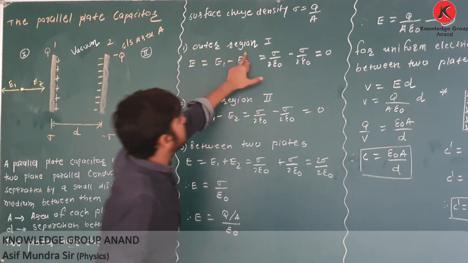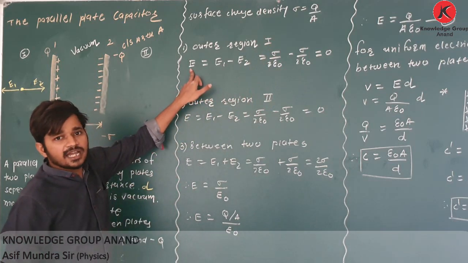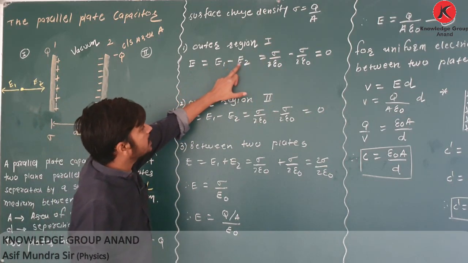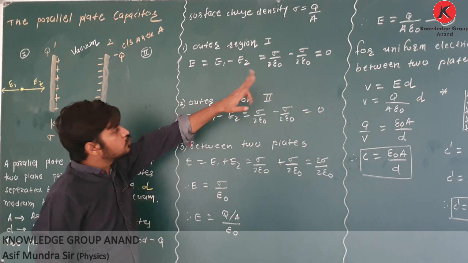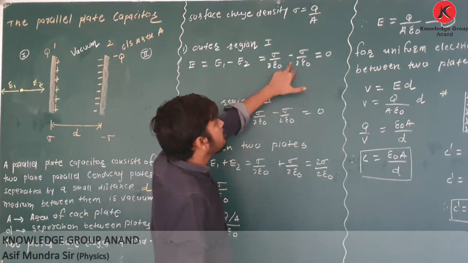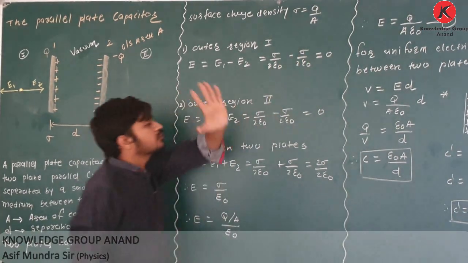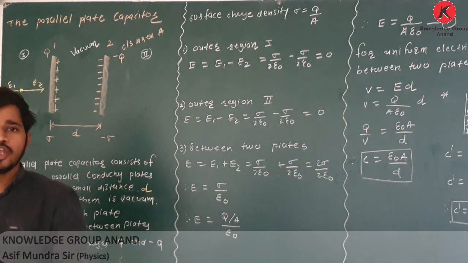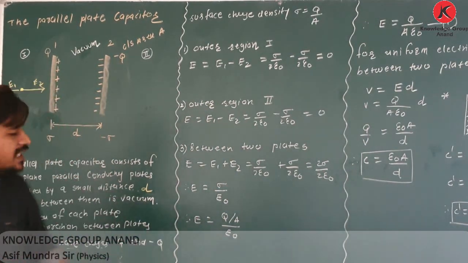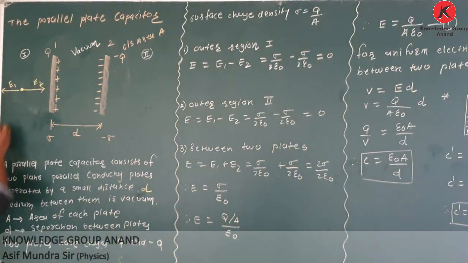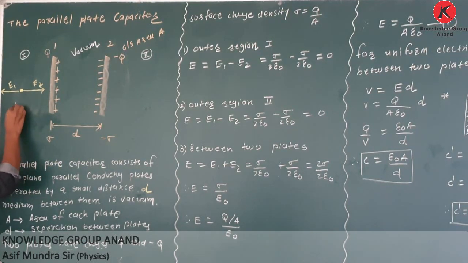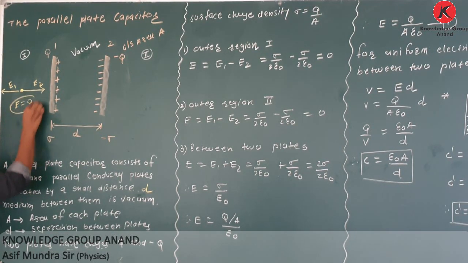So in outer region 1, the resultant electric field E is equal to E1 minus E2, which is equal to sigma upon 2 epsilon 0 minus sigma upon 2 epsilon 0. Your answer is 0. Yes, in this region, the electric field is 0.